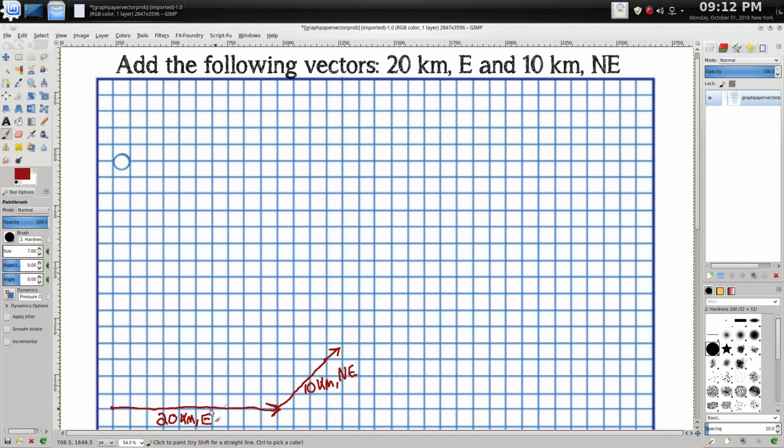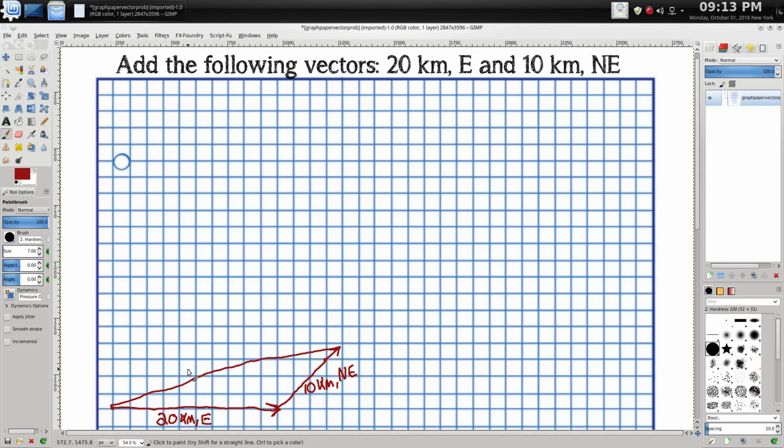Now, they're wanting us to add these two together. And remember, when you add vectors, you put them head to tail, meaning once you get through drawing your first vector, you kind of need to put a dot on the arrowhead, draw the second one there. So it's kind of like you're starting from scratch here, like you're drawing from another point of origin. Now, ideally, we need to just measure from here all the way over to here.